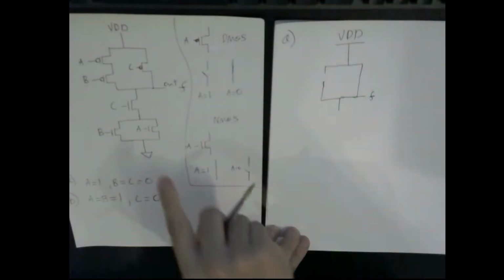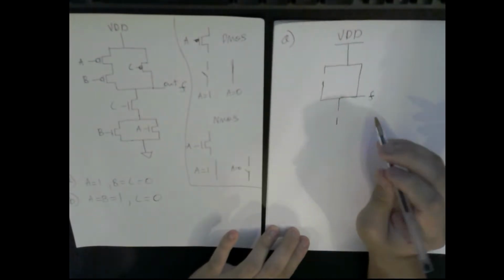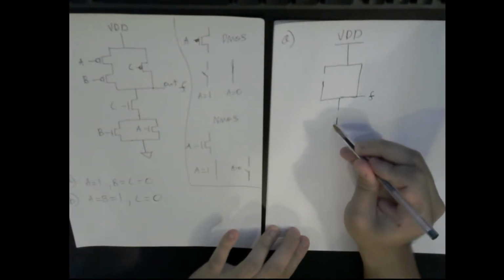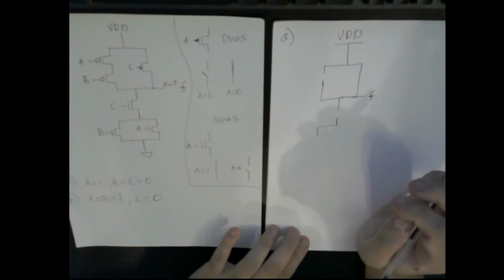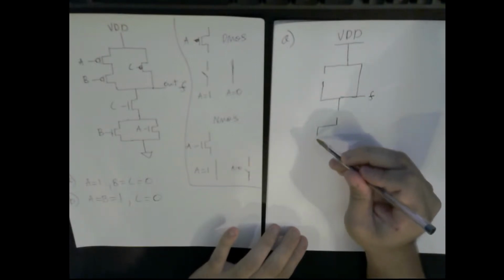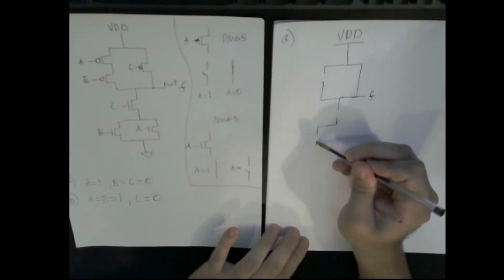Down here, C is equal to 0. That's going to open that NMOS. B is equal to 0, so it's going to open that NMOS also.